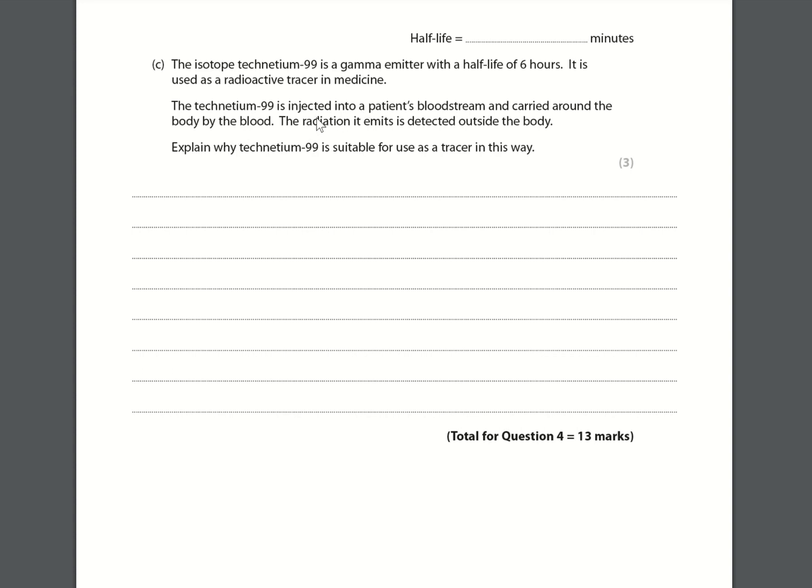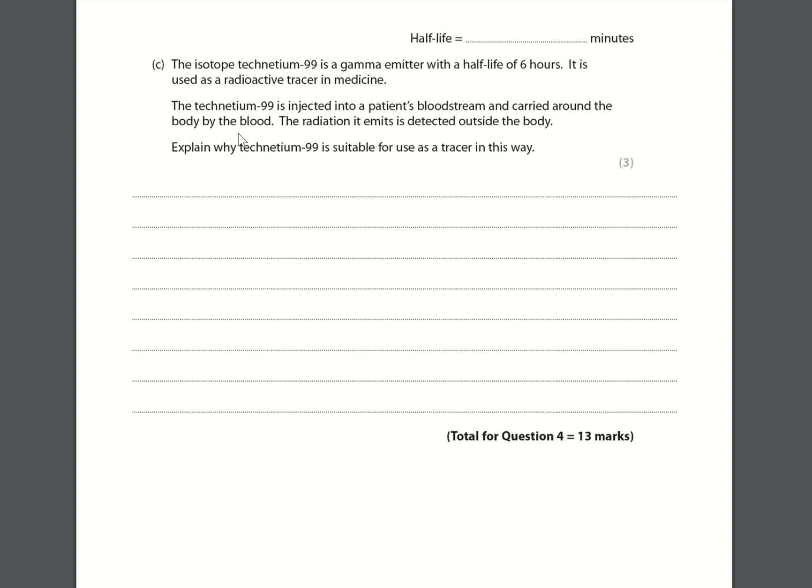The radiation it emits is detected outside the body.